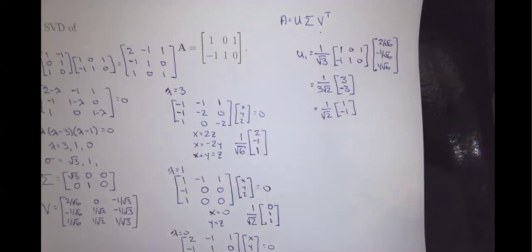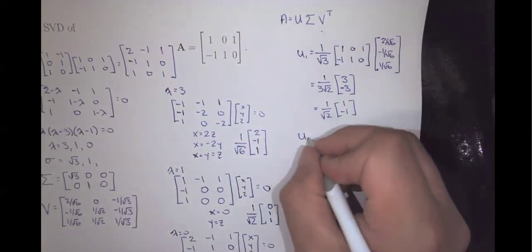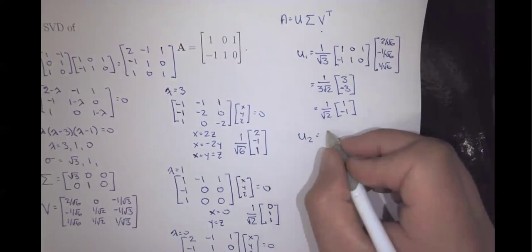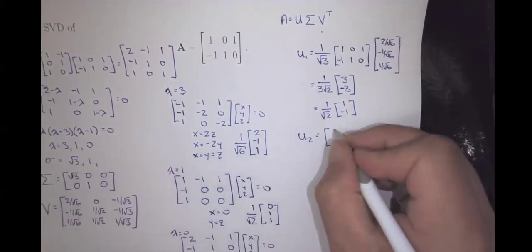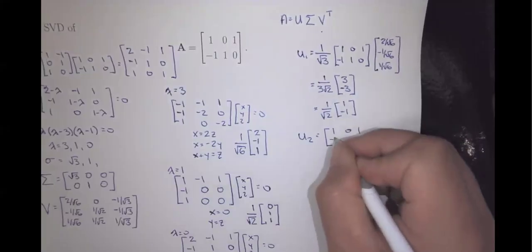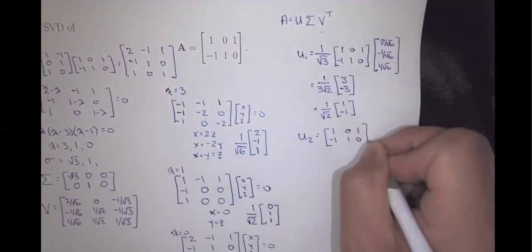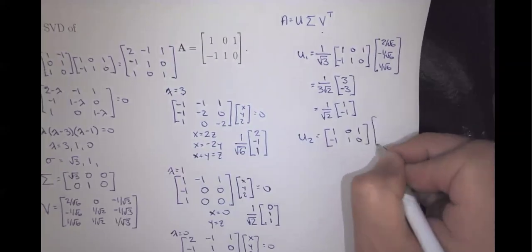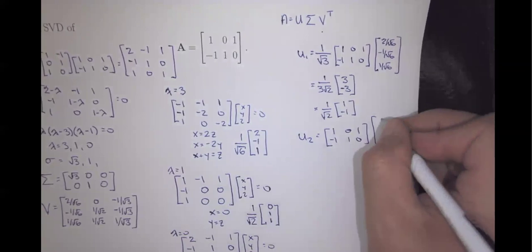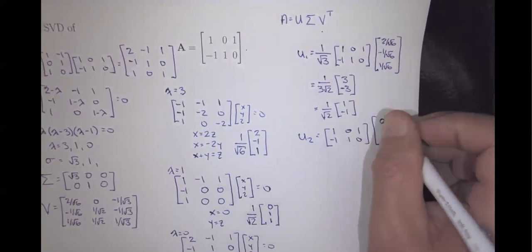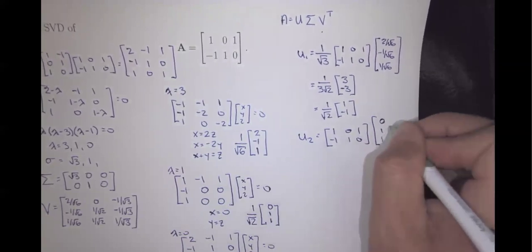Okay. U2 now is going to be 1 over 1 times A times my second vector, which was 1 over root 2 times 0, 1, 1.